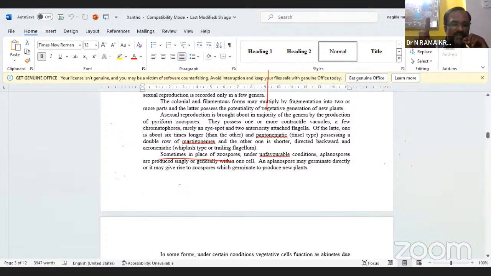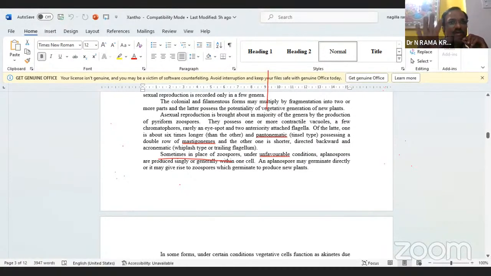Yes, sir. One more point: pyrenoids are present in certain marine species. Pyrenoid structures are also chlorophytic structures. Under prolonged illumination, starch reserve food material is formed. This is also a chlorophytic feature. Zoospores possess paired flagella. The sexual reproduction system is oogamous.